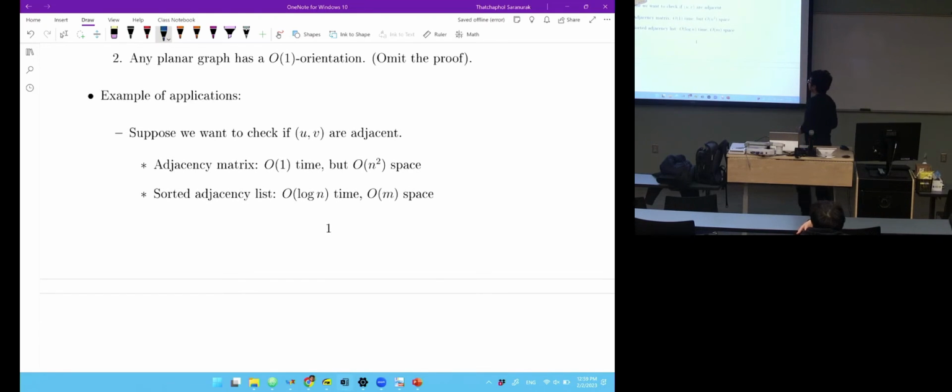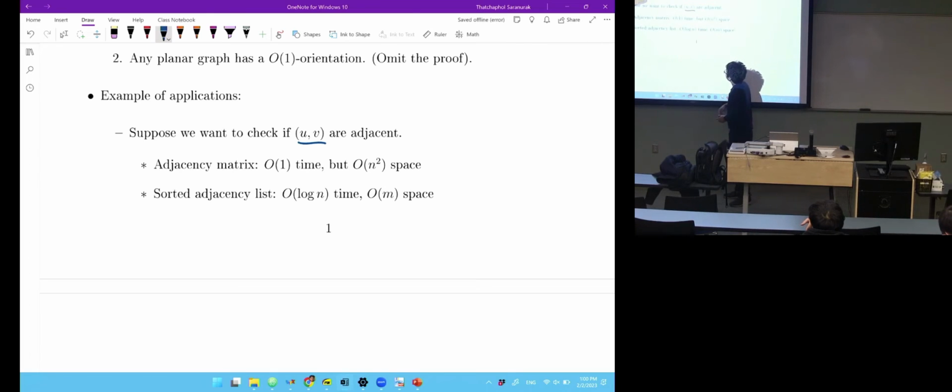Now, why is it nice to have a small orientation? Consider this very simple problem where you have a graph and you want to check if u and v are adjacent or not. If you use an adjacency matrix, you can check this in O(1) time, but the space is n squared, which can be much more than the size of your graph when the graph is sparse.